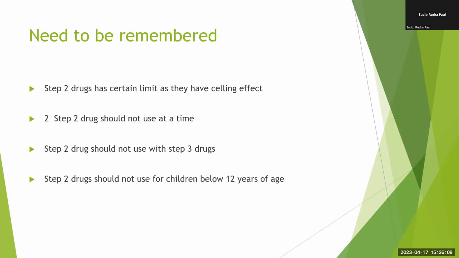So somebody is getting a tramadol tablet 50 mg, and by that time he is also getting Topal 50. So it's not acceptable. You have to choose only one tablet between these two. You cannot give two medications of the same class at a time.